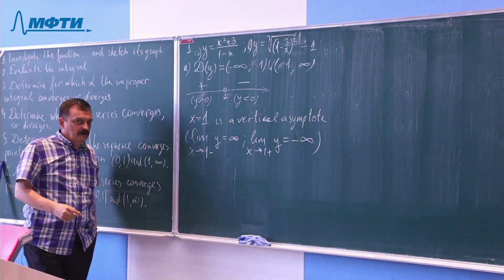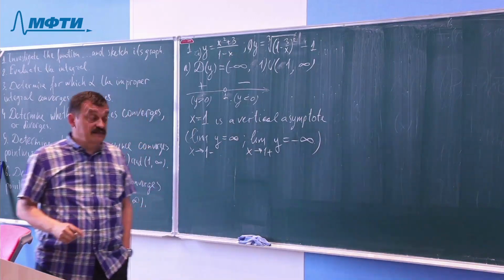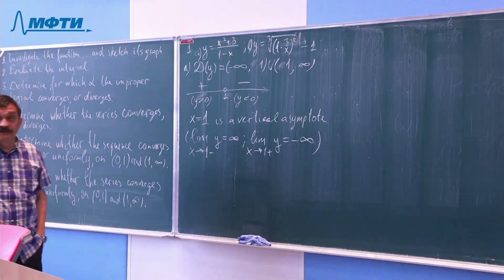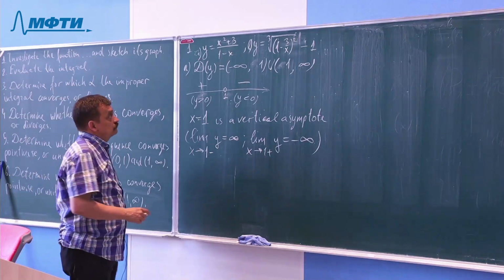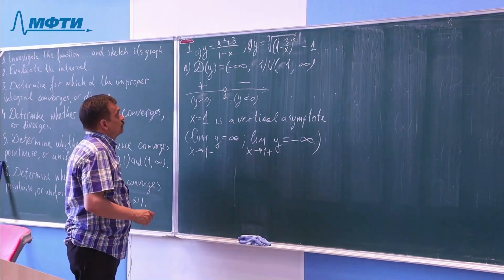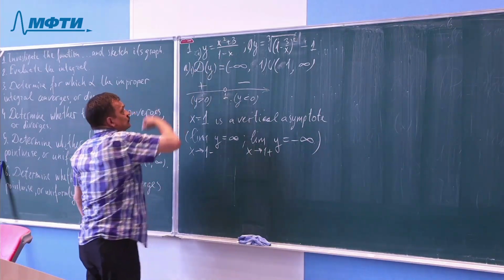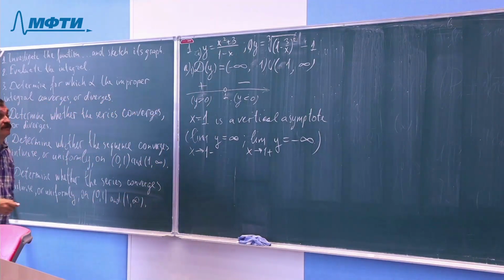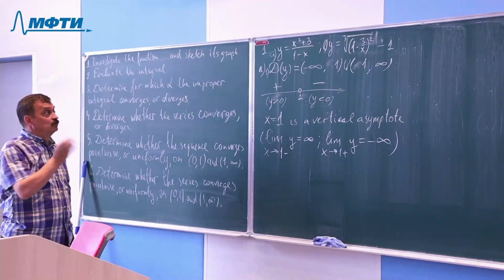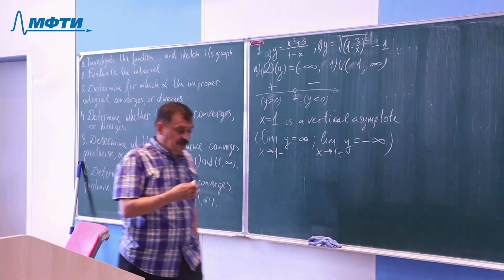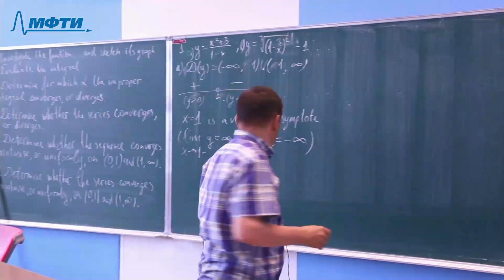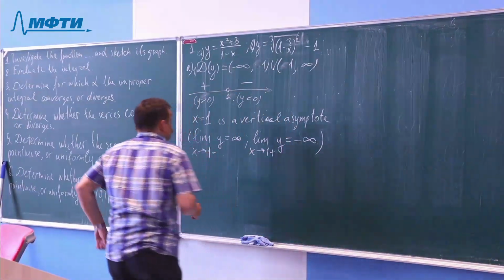That is why x equals 1 is a vertical asymptote. We can say it was the very first stage, just to look at the function y itself. We didn't look at anything else.